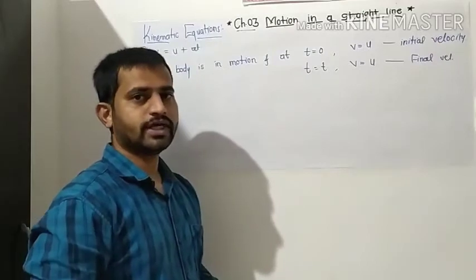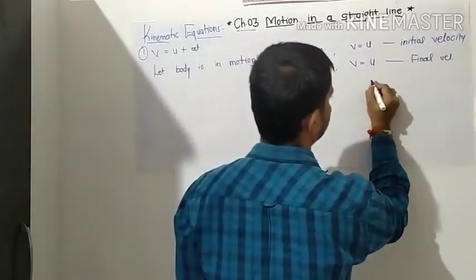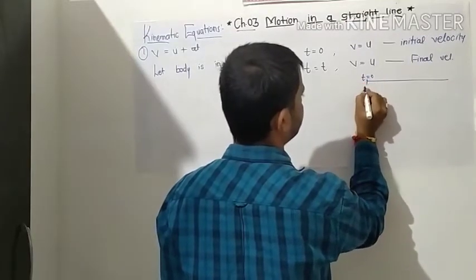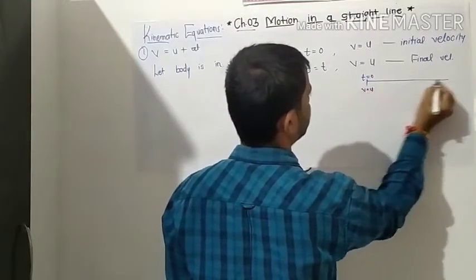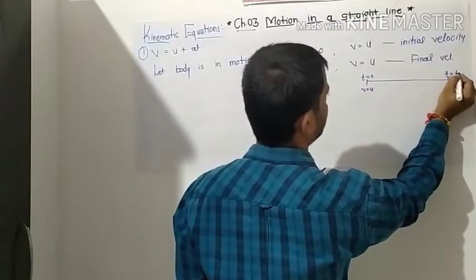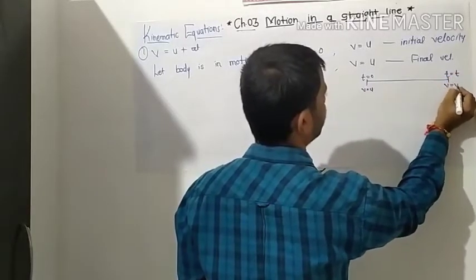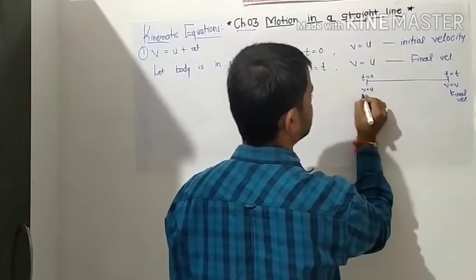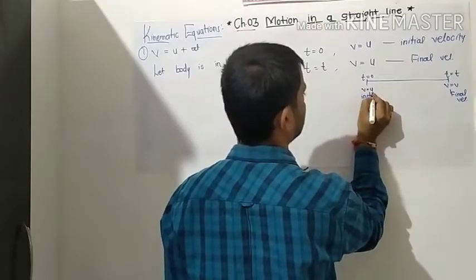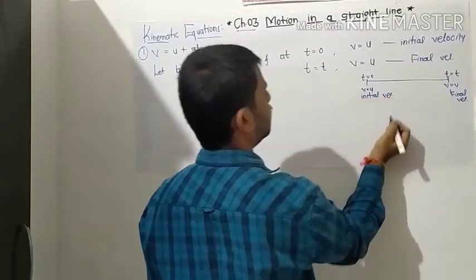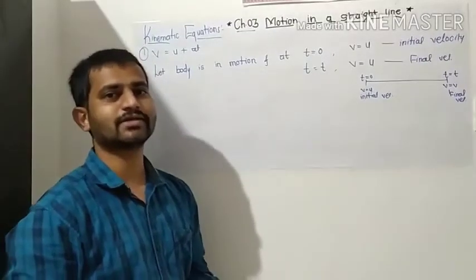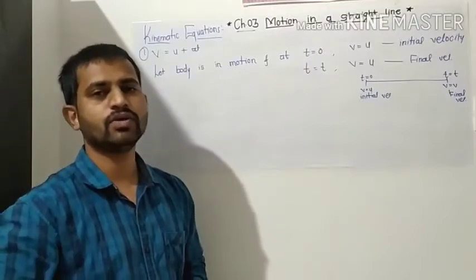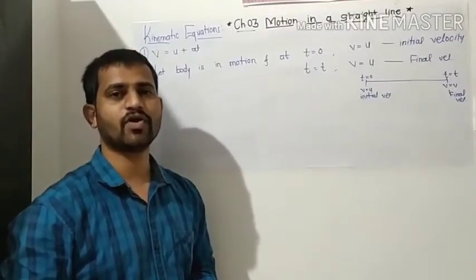Now let us draw this: here time t is equal to 0, then v is equal to u, and here when t is equal to t, then v is equal to v. This is the final velocity, this is the initial velocity. Now we have the equation of the acceleration as a is equal to dv by dt, because we can get the acceleration from the graph of the vt curve.